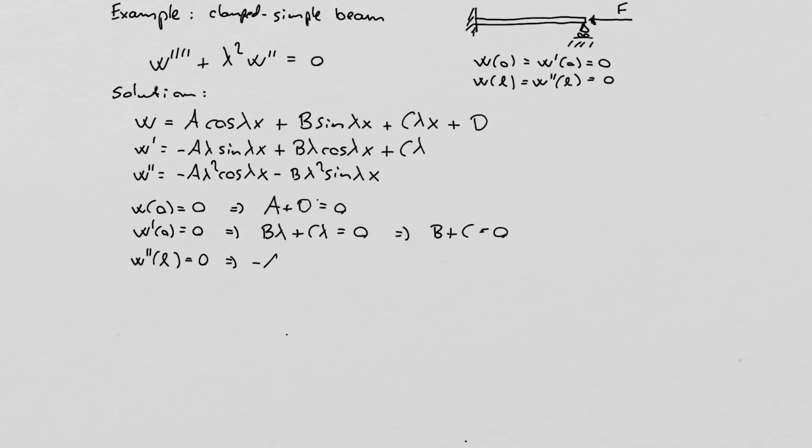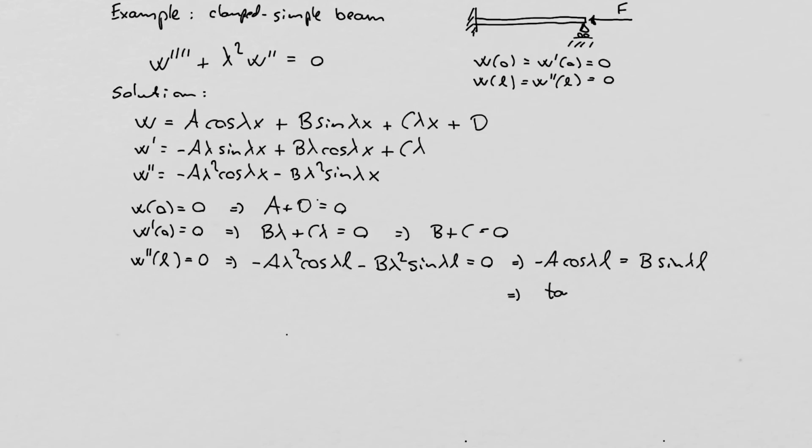Now inserting that, we get minus A lambda squared cosine lambda L minus B lambda squared sine of lambda L equal to 0, which in turn, after shortening out the lambda squared term, we get minus A cosine lambda L equal to B sine of lambda L, or written differently, tangent of lambda L, being sine over cosine, equals minus A over B.